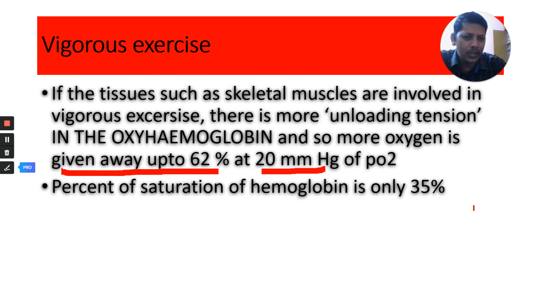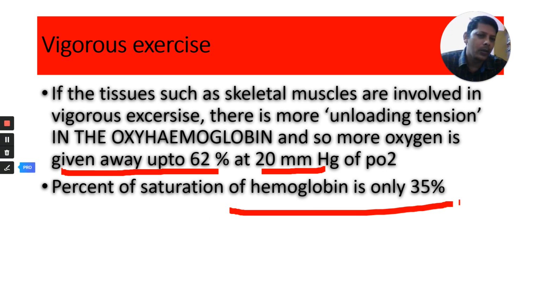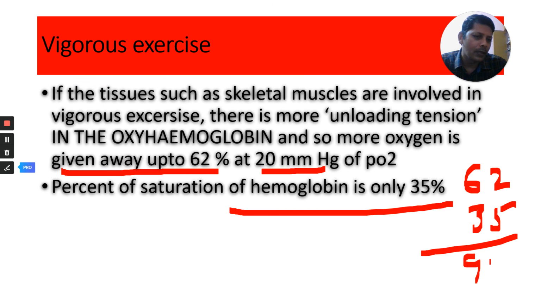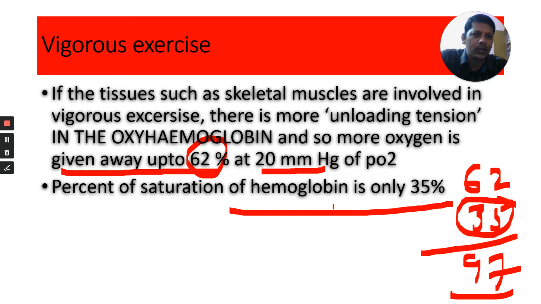The percentage saturation of hemoglobin remaining is only 35. If you add these two, 62 and 35, what is the total? 97. That means when you exercise, your oxyhemoglobin delivers more oxygen, 62%, to your tissues, and it keeps 35%.